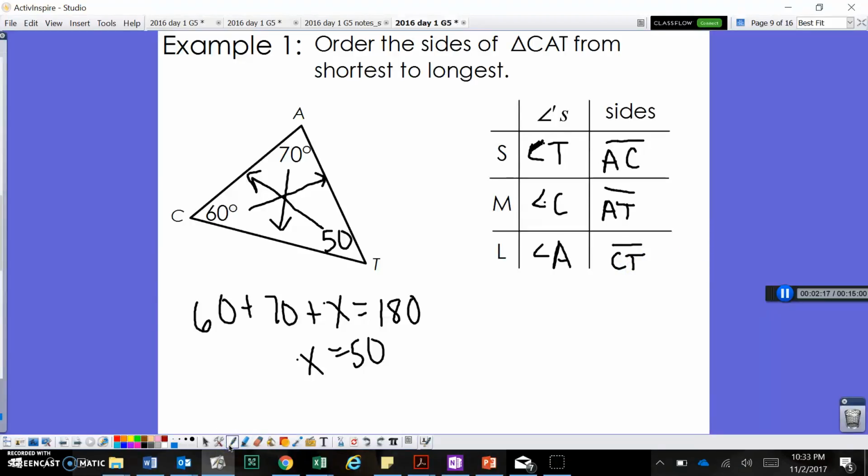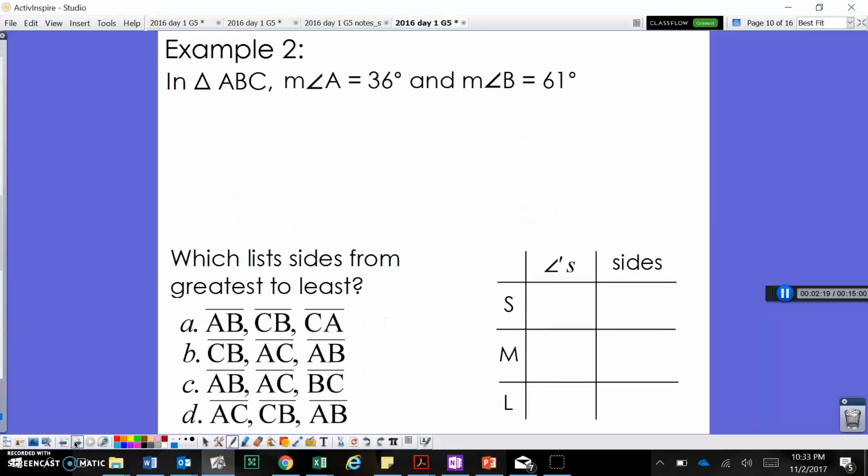So now, move on. So example number 2, in triangle ABC, measure of angle A is 36 and measure of angle B is 61. And here we actually don't have a triangle, so we have to create our own. There's my beautiful triangle.